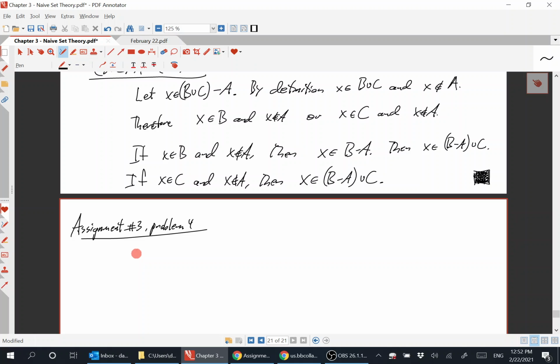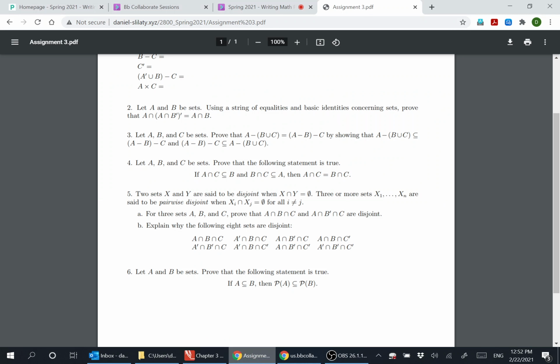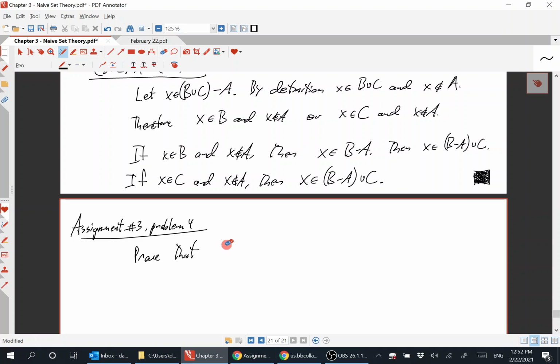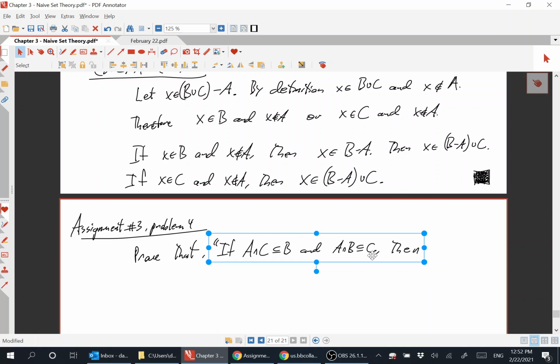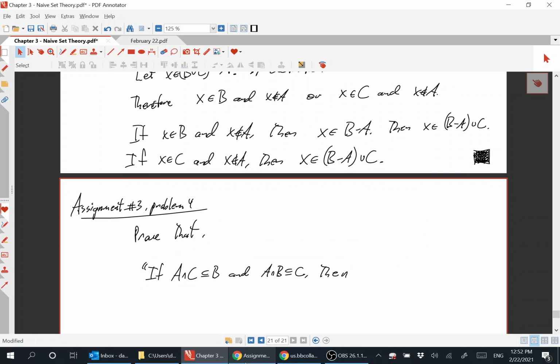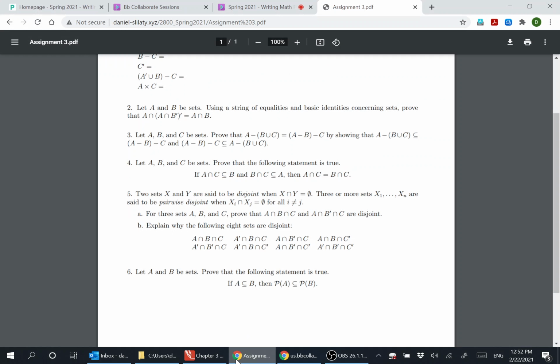We're asked to prove that if A intersection C is a subset of B, and A intersection B is a subset of C, then A intersection C is equal to B intersection C.